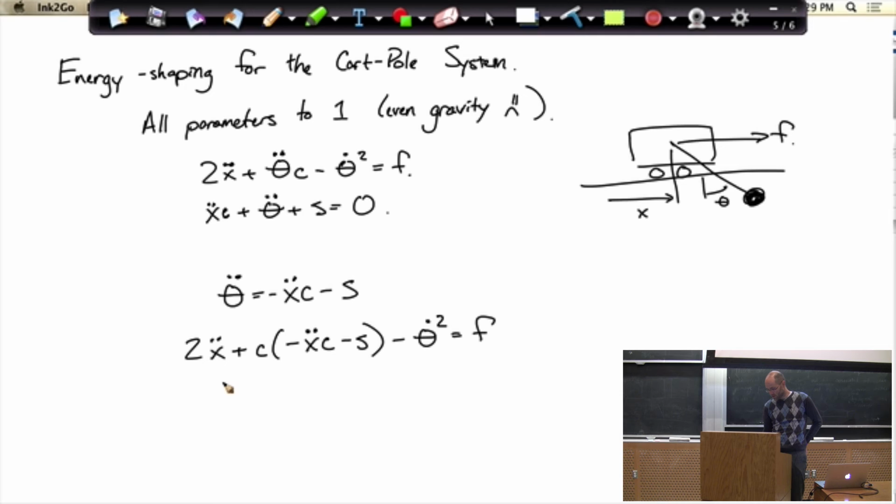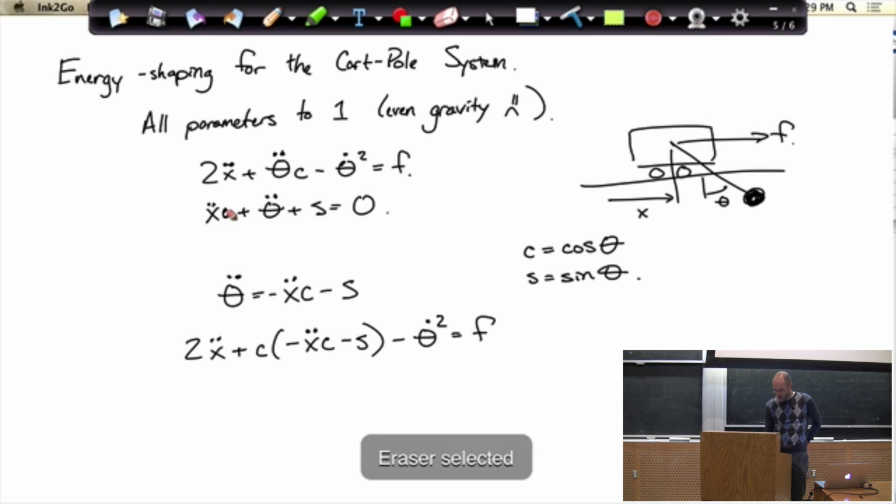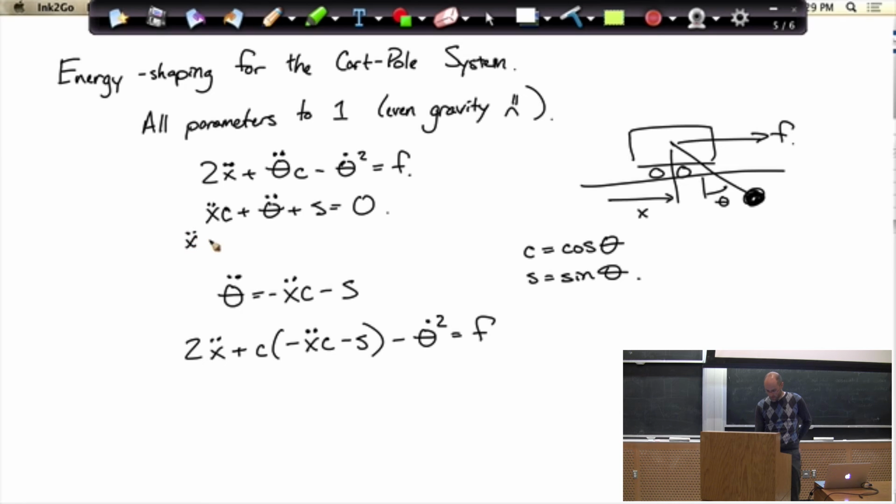Did I miss a C? C is cosine theta. Yeah, C is shorthand for cosine theta. S is always shorthand for sine theta. So S sub C is sine. There's no sub C. I wrote it, and I actually tricked myself into thinking it was a sub C for some weird reason, and that's a big C. That's just x double dot cosine theta.